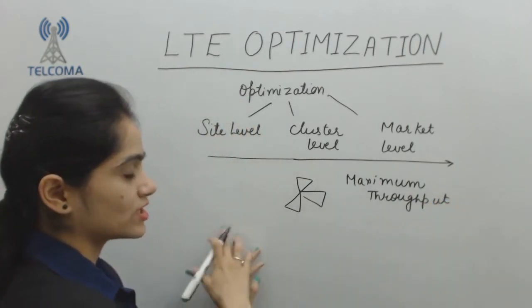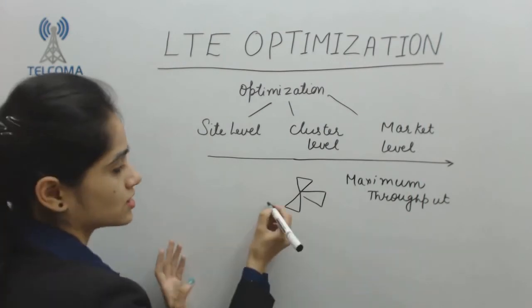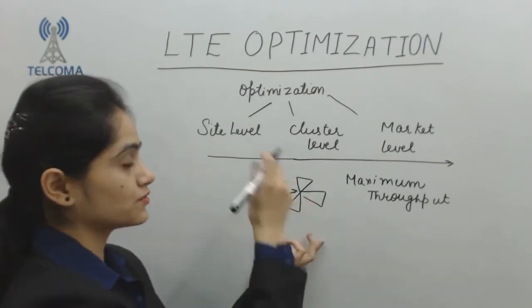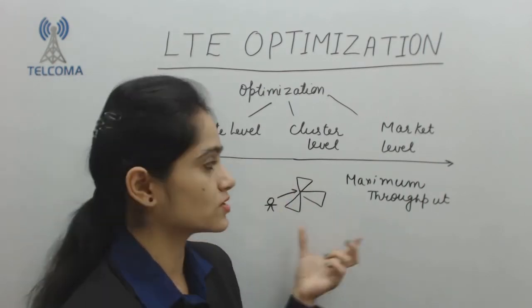So where is the location? The location is close to the site. You have to be close to the site in single site optimization, because you have to find out the maximum throughput.